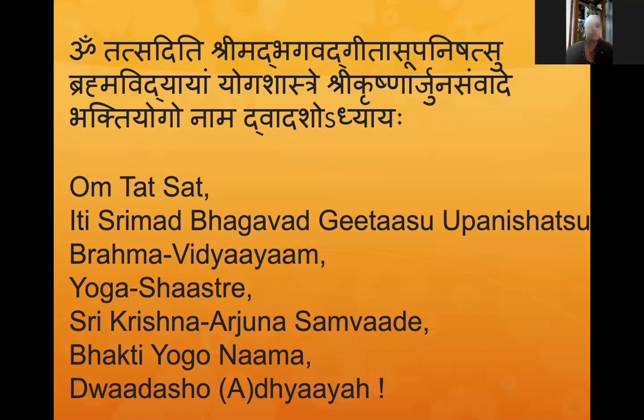Now we came up to 12: Eka, Dvitiya, Tritiya, Chaturtha, Panchama, Shashtha, Saptama, Ashtama, Navama, Dashama, Ekadasha, Dvadasha. Chapter 13 would be Trayodasha, Traya indicating 3. So 3 plus 10, 13. Traya plus Dasha, Trayodasha. Chaturdasha is 14.